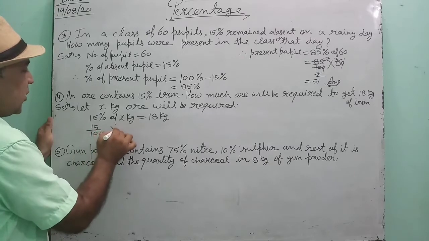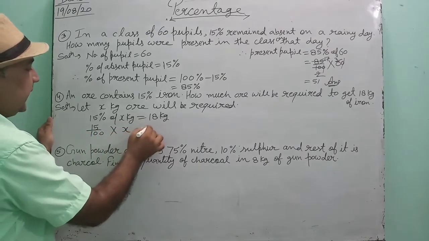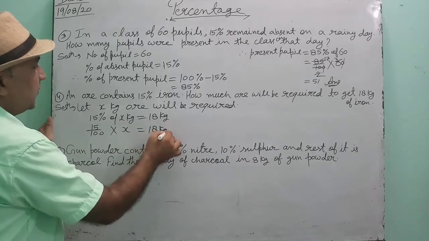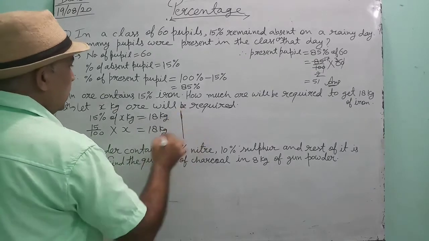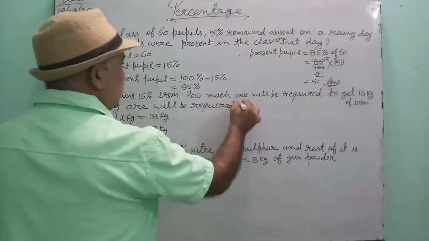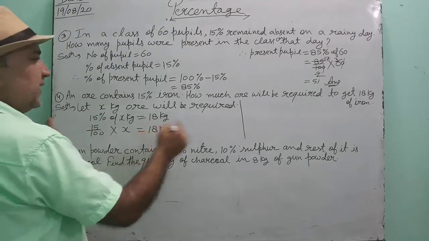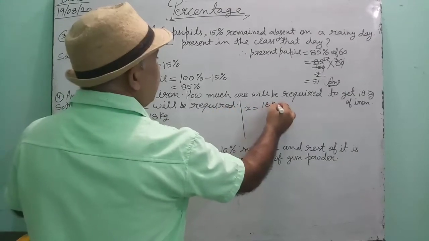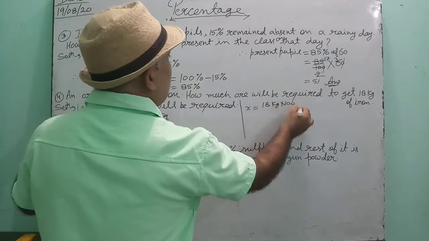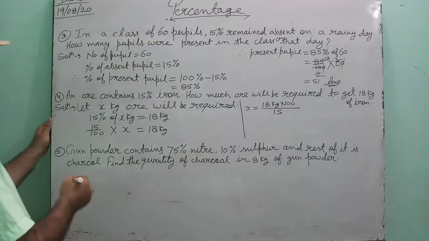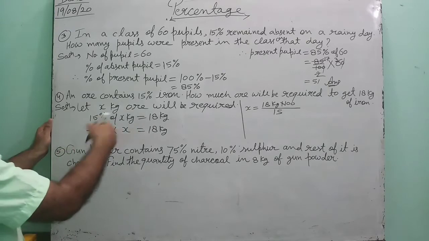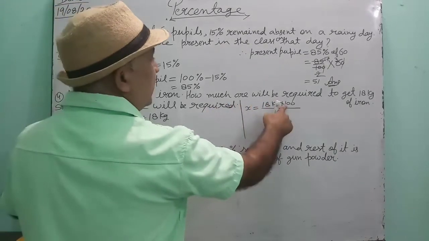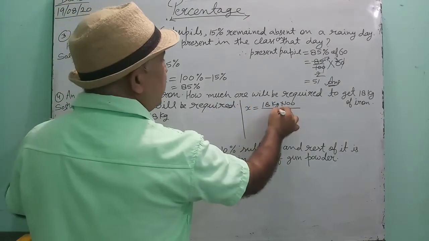15% means 15 upon 100, of means multiply. By transferring the numbers, x is equal to 18 kg into 100 upon 15. When you transfer 15 upon 100 to the other side, 100 upon 15 will be multiplied by 18.